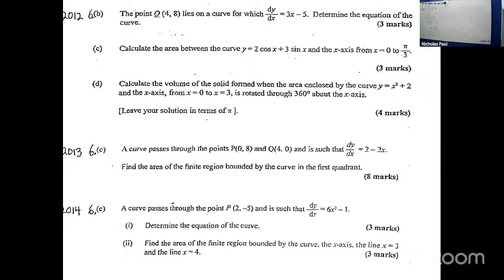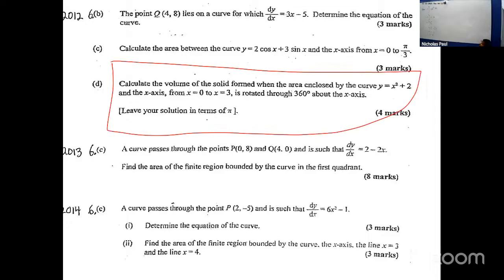Right, we are doing this question here. Calculate the volume when the area enclosed between x squared plus 2 and the x-axis between 0 and 3 is rotated. If you don't want to write the whole thing, just write 2012 number 6 part D, D as in dog, and just write the function alone.